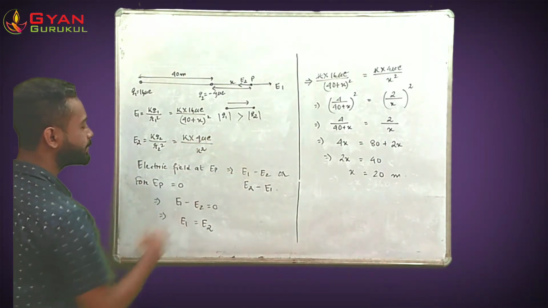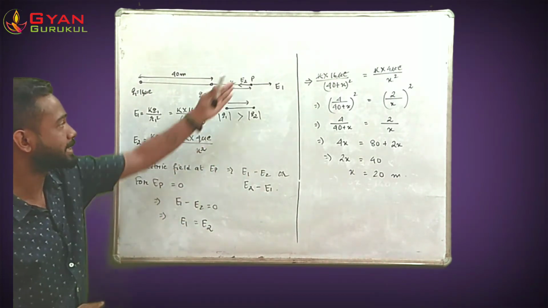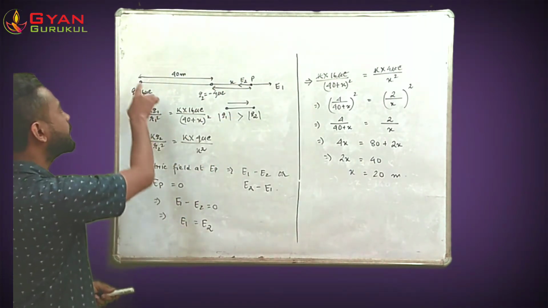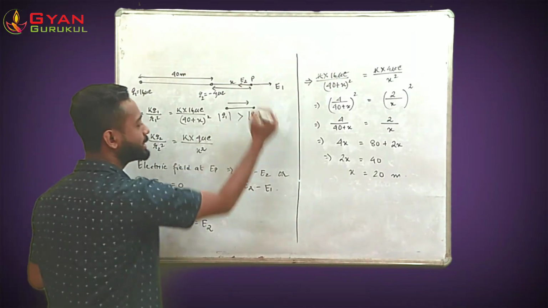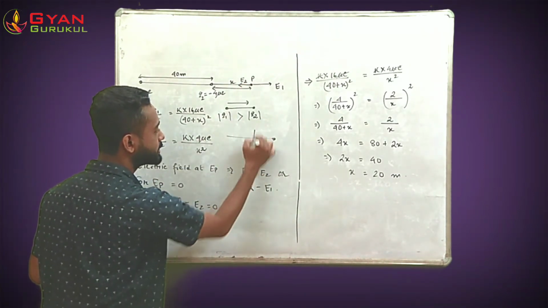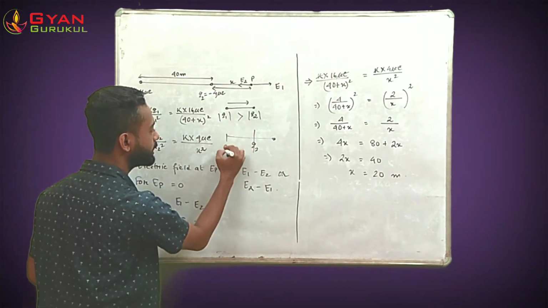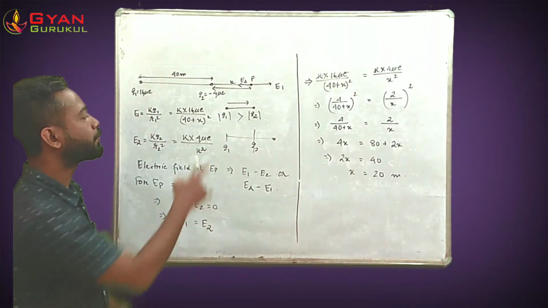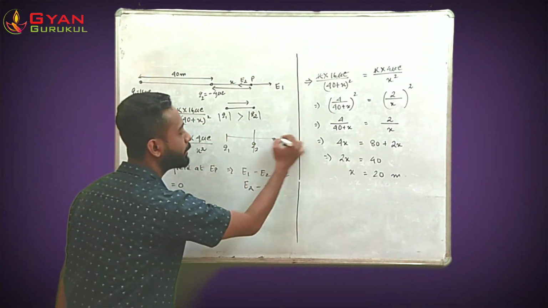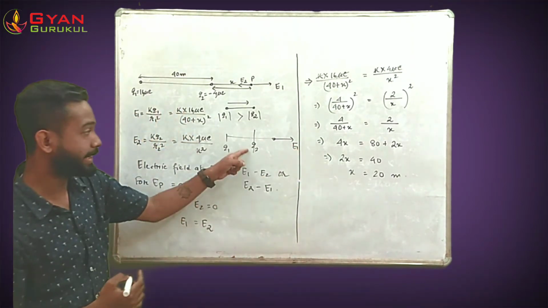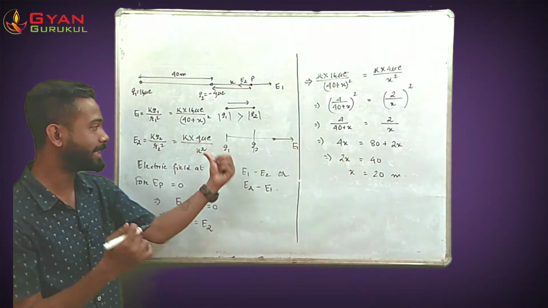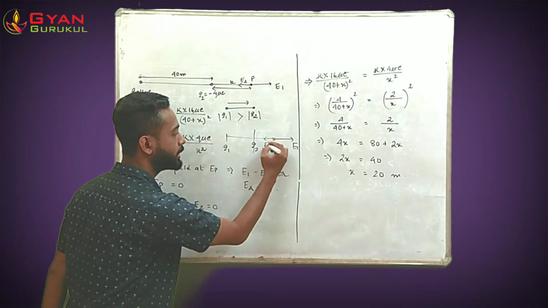If the net field has to be 0 at that point, E1 minus E2, because at this particular point you can check the direction. Suppose this is Q2 and this is Q1. Q1 being a positive charge, the field would be outward, so E1 would be in this direction. Q2 being a negative charge, the field direction would be radially inward, so E2 would be in this particular direction.